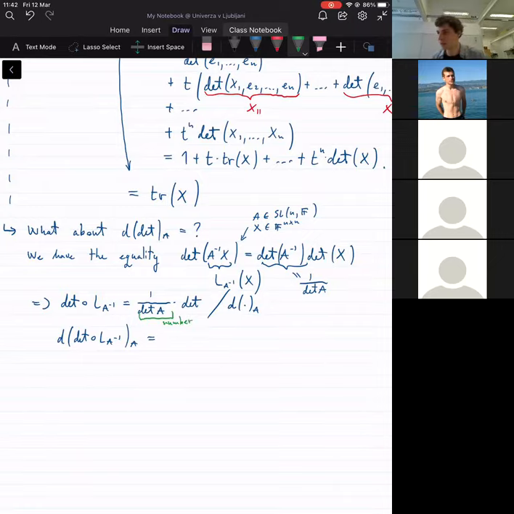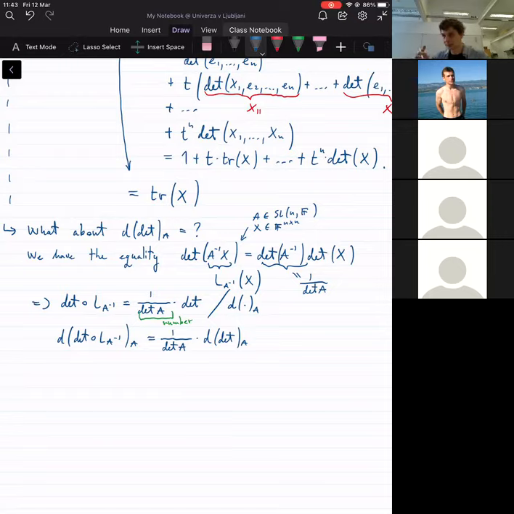What this means is by linearity of this d here, this 1 over det A is going to jump in front. So I'm going to get 1 over det A here, times d of det at point A. So on the right hand side, I am yielding the desired thing.